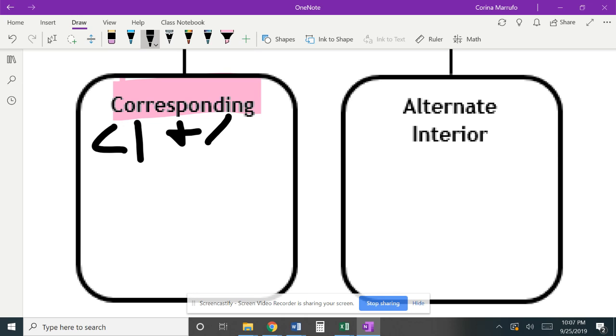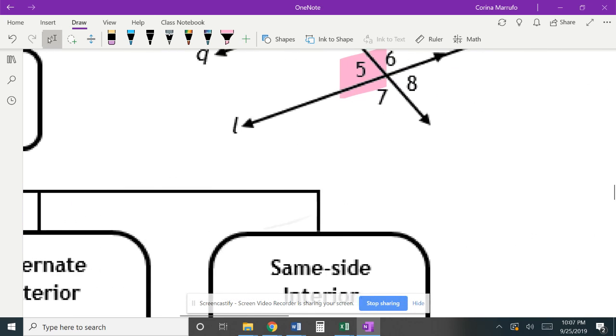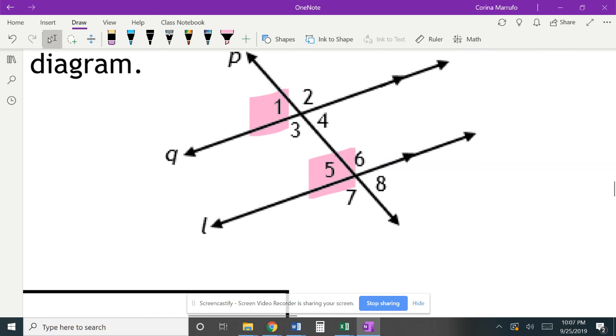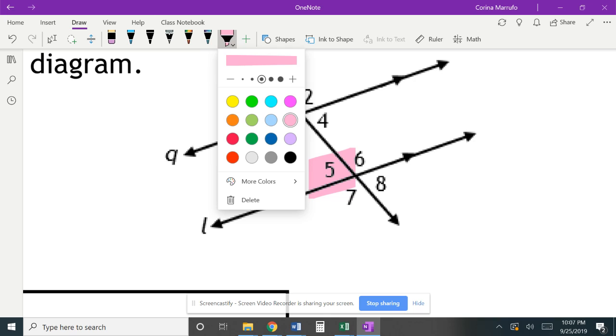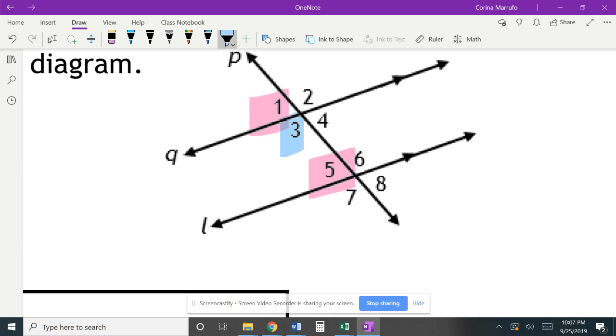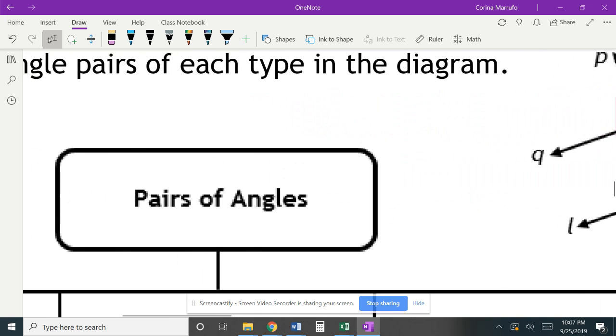Angle 1 and angle 5. And I'm going to look at the diagram again. And so here, angle 3 is in the same position as angle 7. They're both on the left of the transversal and they're both under the parallel line. So these are what we call corresponding angles. So angle 3 and angle 7.